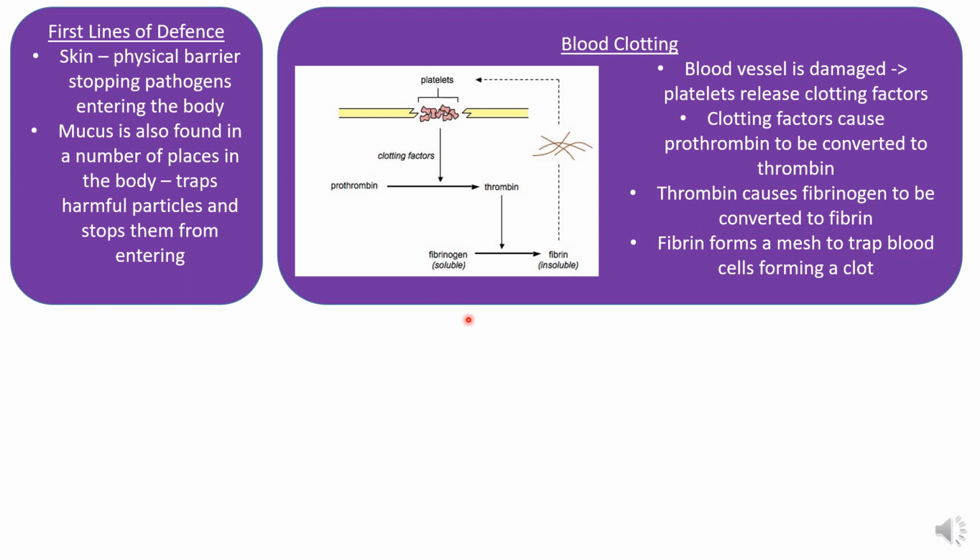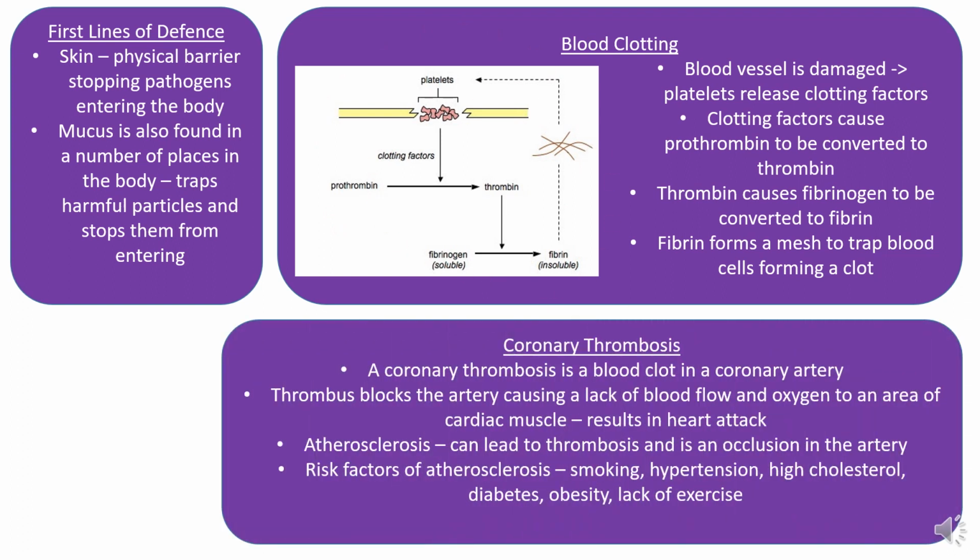Fibrinogen is soluble, but fibrin is insoluble, and that's obviously useful because you don't want the blood clot to dissolve within the blood, because then it wouldn't be doing its job. So we need to know this little cascade here. It comes up in exam questions quite often, actually.